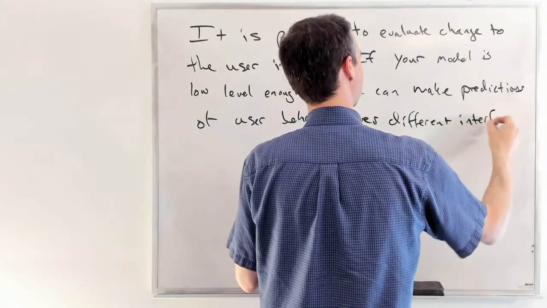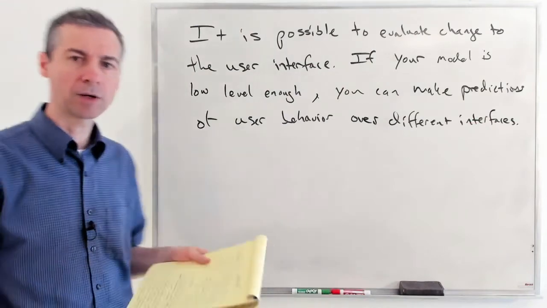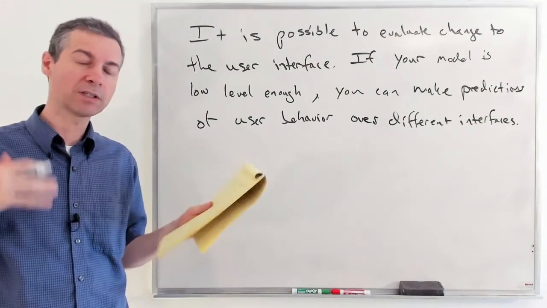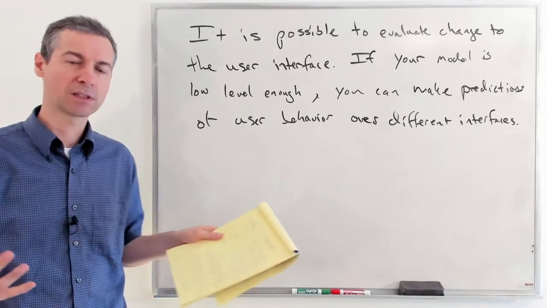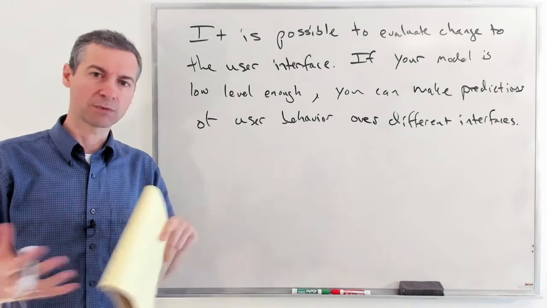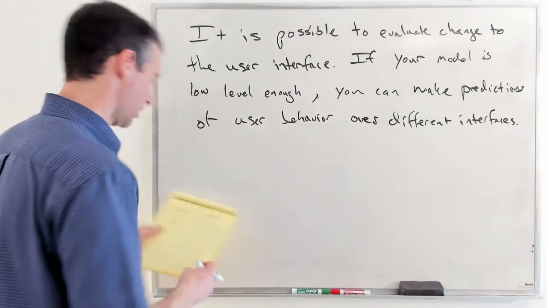Now, why am I bothering to mention this? I want to mention it because it's too often assumed that our interfaces are always fixed, and the only thing for us to ever change in a search engine is the ranking algorithm. And that's absolutely not the case.